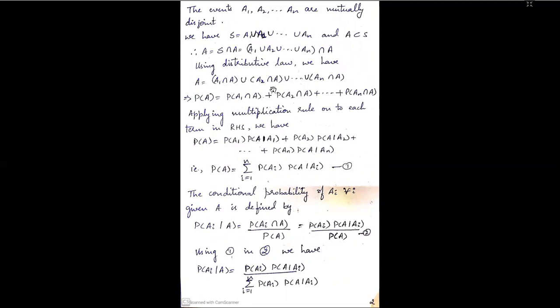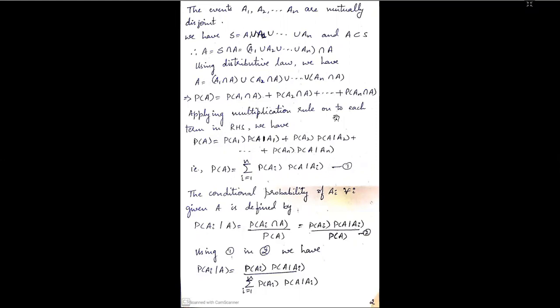Whenever you have disjoint sets, then probability of A union B is equal to probability of A plus probability of B. The reason is A intersection B is empty and probability of empty set is equal to 0. So we don't go for the other part of intersection. Since they are disjoint, we can write it like this.